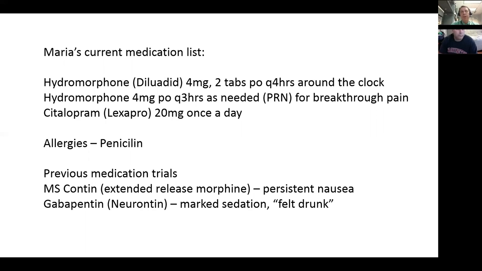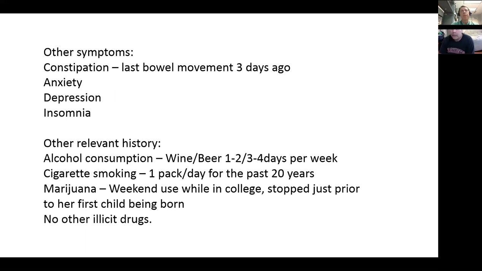She had persistent nausea despite regularly scheduled anti-nausea and vomiting medicines with MS-Contin, and she never developed any type of CNS tolerance to gabapentin. Other symptoms: last bowel movement was 3 days ago. She has anxiety, depression, and insomnia that was scored relatively high on her ESAS assessment.